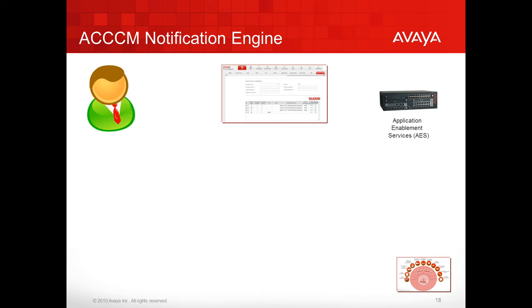That means if I choose to send an email or SNMP notification every time my license usage on the AES exceeds 90%, or every time my trunks on trunk number 1 exceed 98% capacity, the ACCCM notification engine would be the component responsible for fetching the data from the database regarding your threshold, processing the information, and then sending either an SNMP or an SMTP message to a configured account regarding the results.